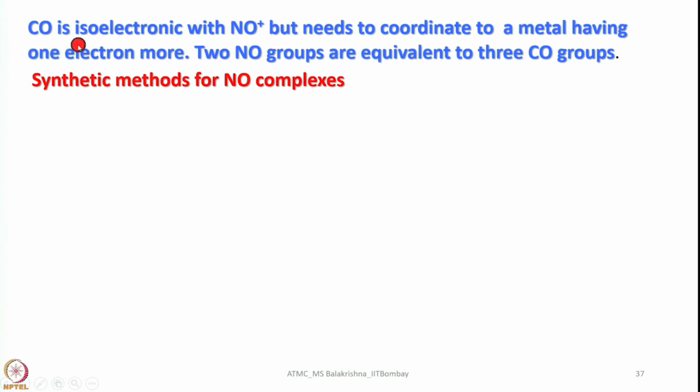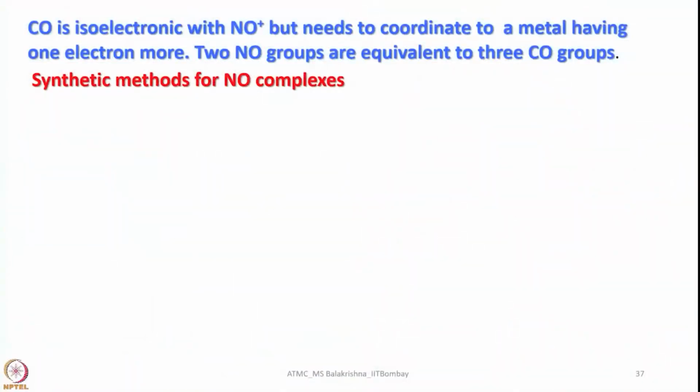So, it is obvious that both are isoelectronic, but NO needs to coordinate to a metal having 1 electron more. In order to generate the nitrosyl cation, it has to bind to a metal and give that electron, then only it becomes NO plus, and then that would be isoelectronic with carbon monoxide. That means 2 NO groups are equivalent to 3 CO groups.